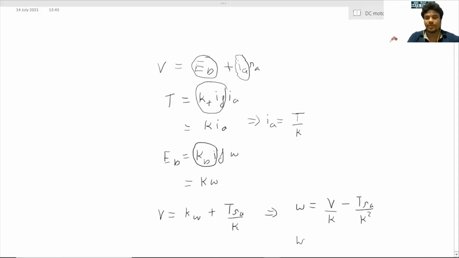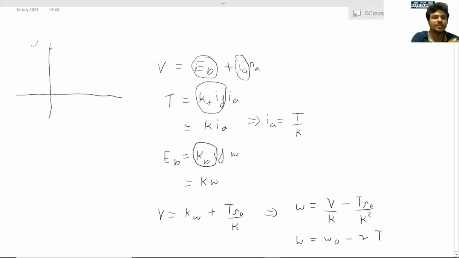So this equation you can just write as omega naught minus m t, where m is the slope of a line and omega naught is a constant. So at t is equal to 0, we can say that omega will be equal to omega naught.